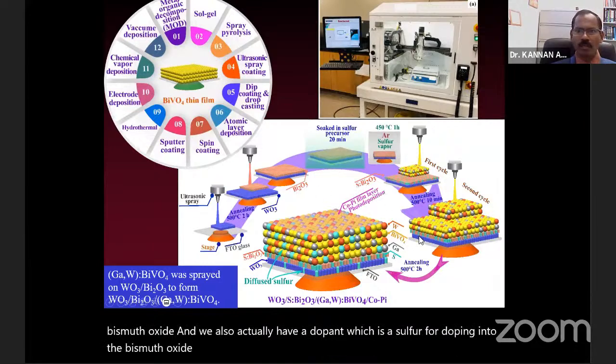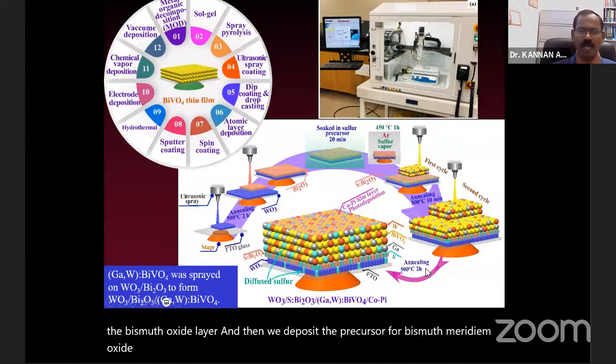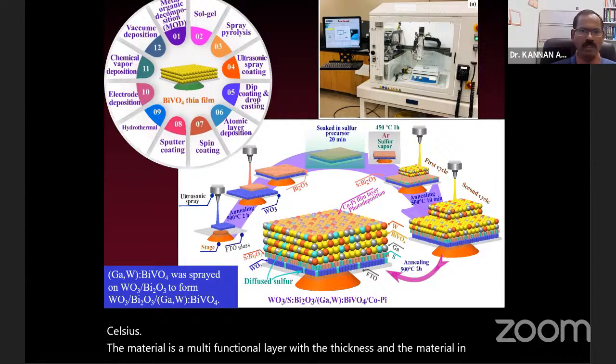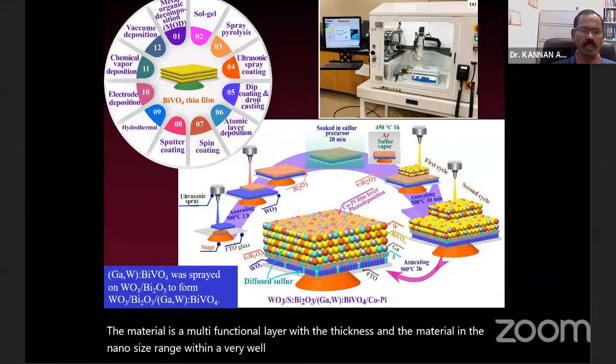Then we deposit the precursor for bismuth vanadium oxide, and finally we anneal in air for a couple of hours at 500 degrees Celsius. So the material is a multifunctional layer with thickness and material in the nano size range, with a very well controlled fabrication approach.